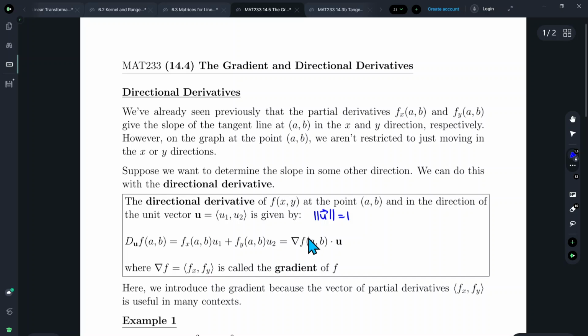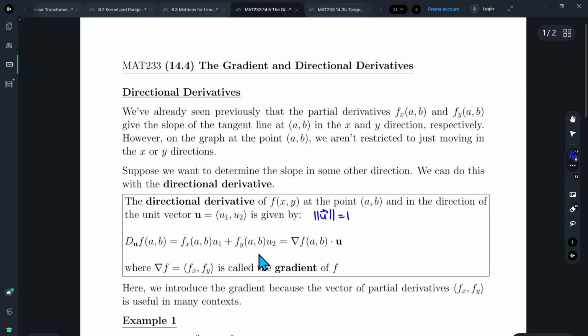We give it a special name, the gradient, because it's also useful in other contexts. So again, the calculation of the directional derivative is fairly straightforward. Once you have your unit vector direction, the calculation is just a dot product.